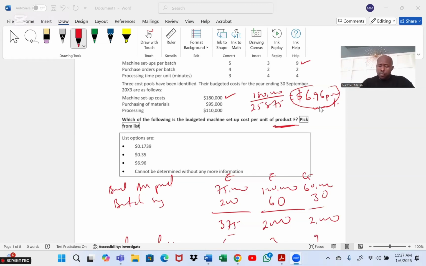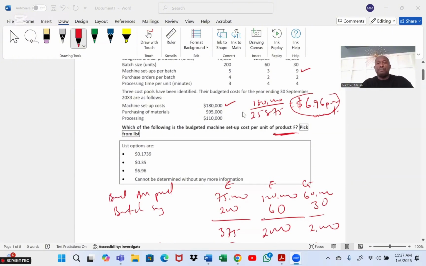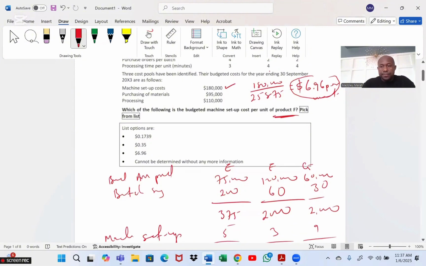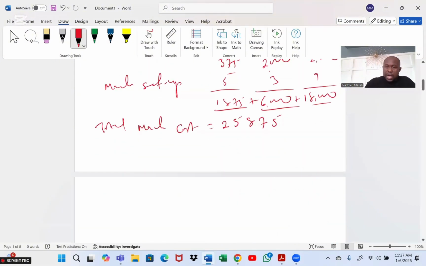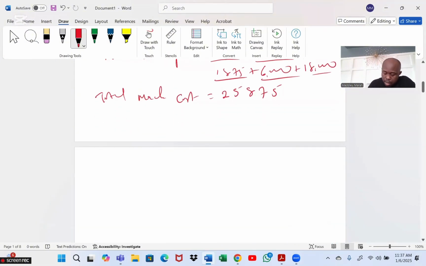Now we are looking for product F. So what is the machine setup cost per batch of product F? It is 3. So we apply the rate at 3. Therefore, we have the rate, 6.9565, multiplied by 3.